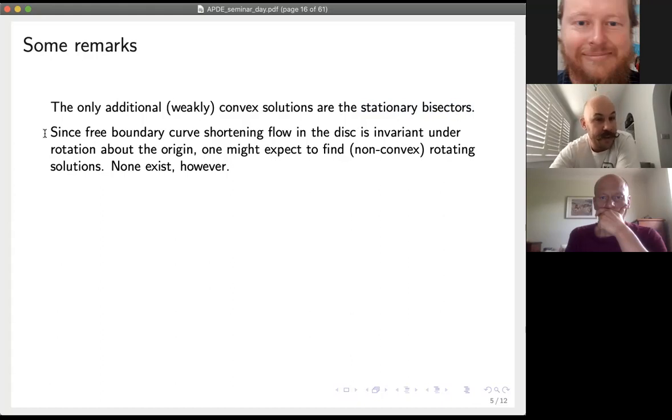Also, you might think, okay, you look at this problem, free boundary curve shortening flow in the disk, you quickly notice that the problem is invariant under rotations about the origin. So then you might expect to find a soliton solution which evolves only by rotating about the origin. A fairly straightforward ODE argument shows you that none can exist. So there are no soliton solutions to this problem. So that's sort of the first place you might want to look for solutions.